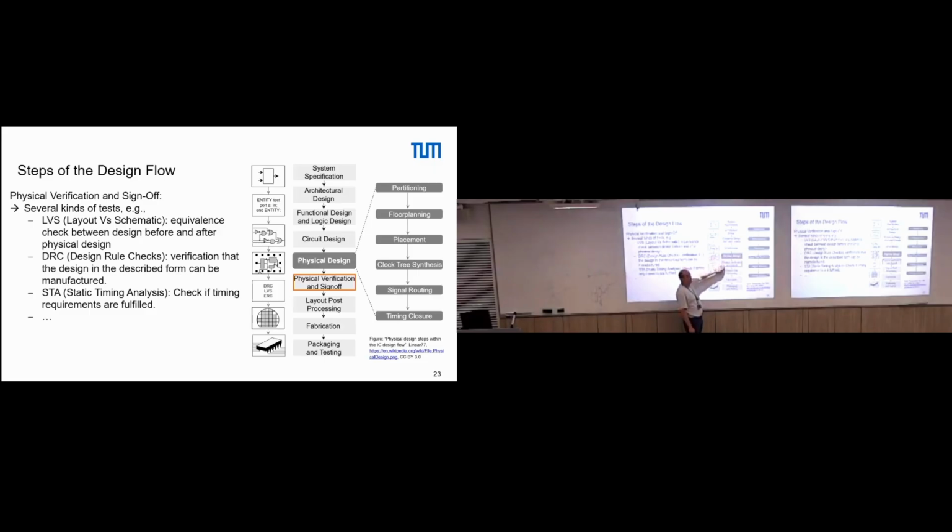And now, there is some step before the actual fabrication, which is firstly verification sign-off and layout post-processing. So what does this mean? This process of implementing the design is fairly automated.